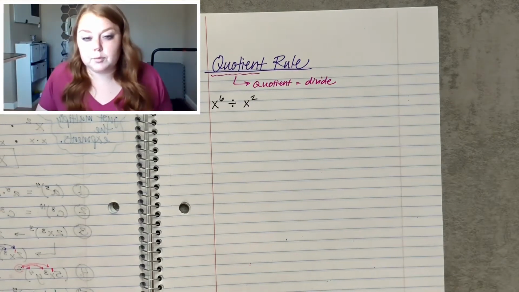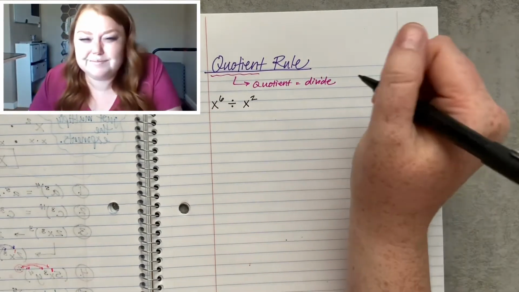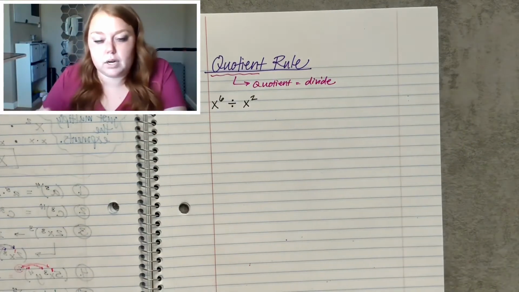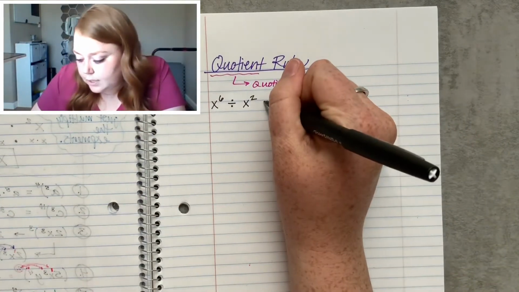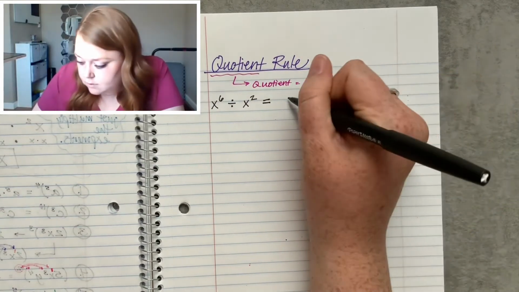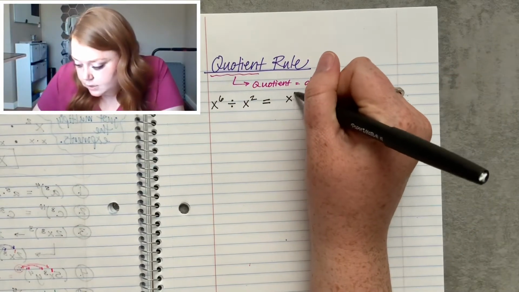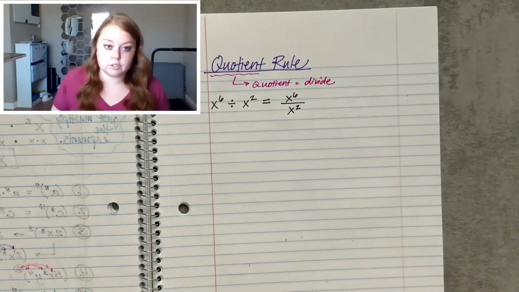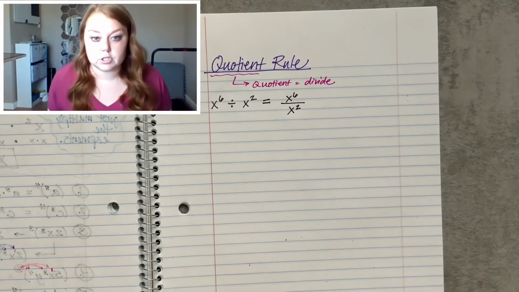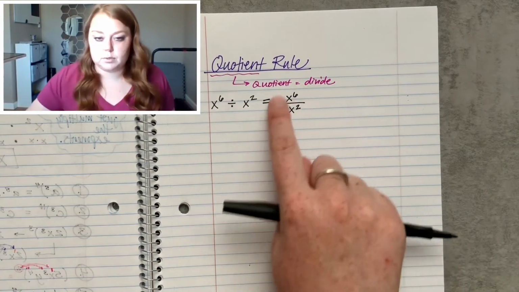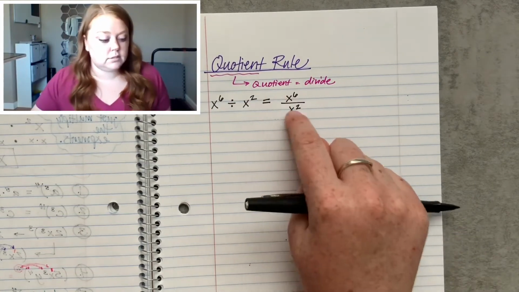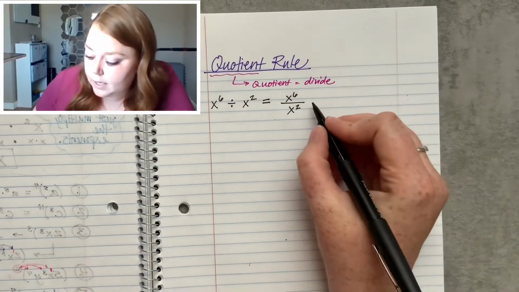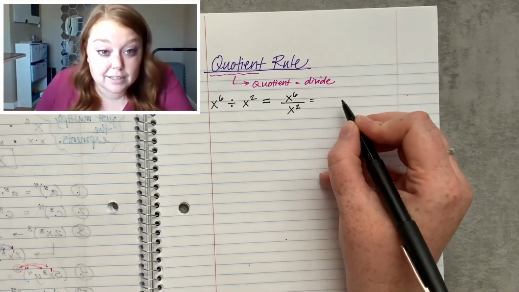You might see that on Delta Math, but I don't think so. Delta Math does fraction bar as well. But just know that this means it's the same thing as x to the sixth over x to the second. A fraction bar literally just means division. So 90% of the time you're going to see it like this, x to the sixth over x to the second power. Now let's go ahead and expand this out.